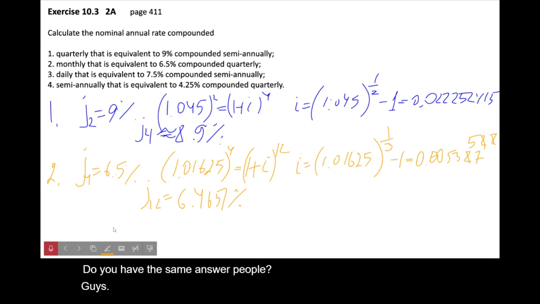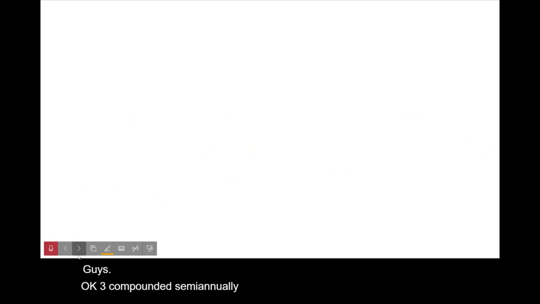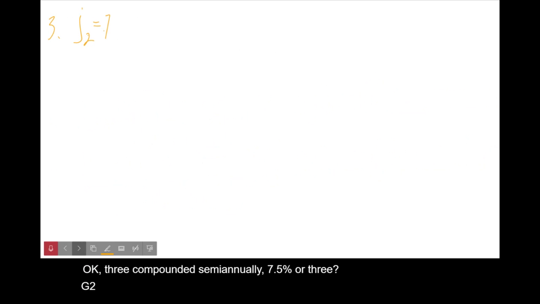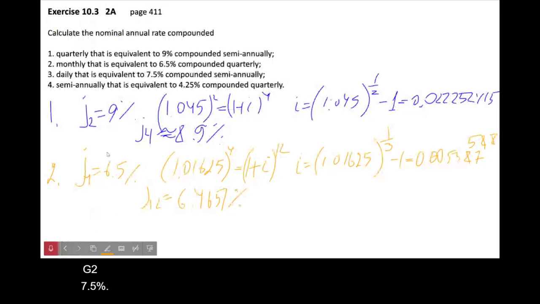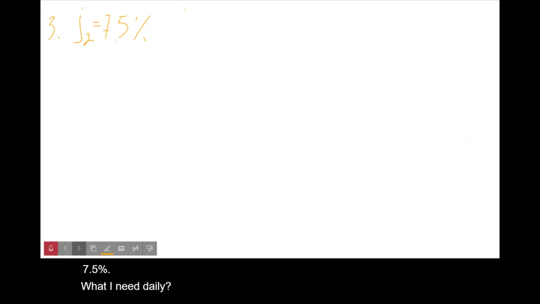Okay, number 3, compounded semiannually is 7.5%. So J2 is 7.5%. What I need is daily. So I have 1.0375 exponent 2 equals 1 plus I exponent 365.